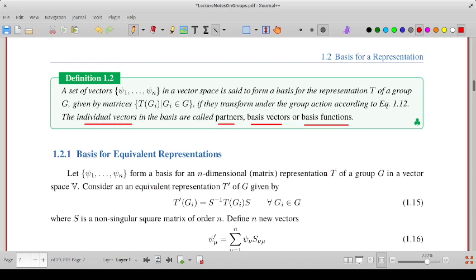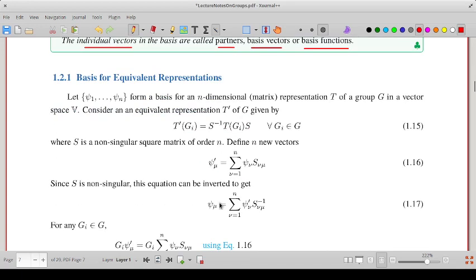So given a representation T, we can construct an equivalent representation T dash, provided we also have a non-singular square matrix of the same order as the order of these representation matrices T. So for each group element Gi, we can construct matrices T dash, denoted as T dash of Gi, equal to S inverse T(Gi) times S. And we have already seen that the matrices T dash form a representation of the group. So T dash and T are equivalent representations.